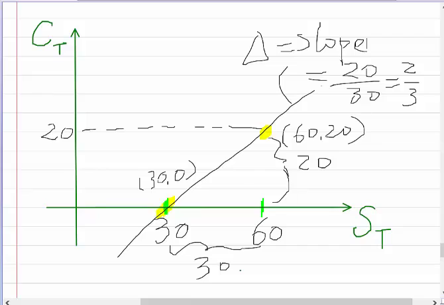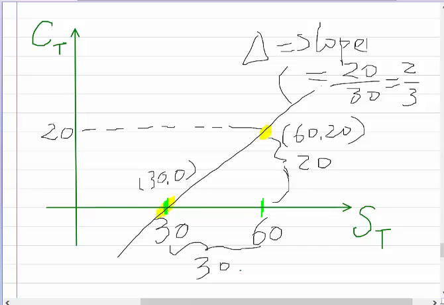But what I don't want you to be confused about is this line. When I linked 30, 0, and 60, 20, there's a slope, yes, but this line doesn't say the underlying price can go from 0 to 100, somewhere between 30 and 60, and a call payoff can go from 0 to 40, maybe 35 or 36 or 21, 22. No, there's nothing like that.